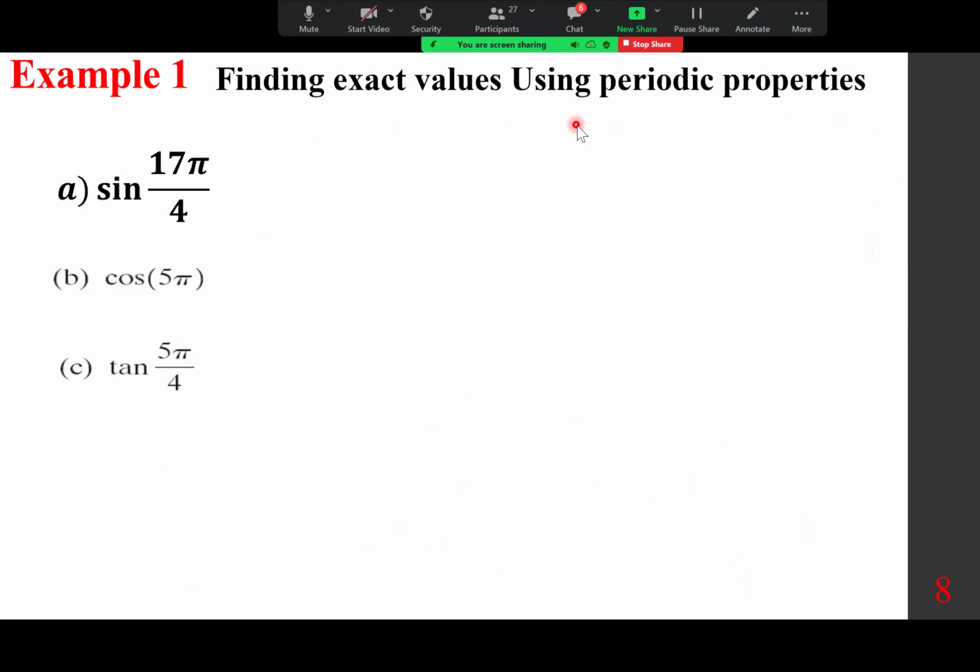All right, so I want to find the exact values using the properties we just discussed. So what you do, whatever this value is, you add or subtract multiples of 2 pi, so you bring it into the first revolution, somewhere between 0 and 360 or 0 and 2 pi. 16 pi over 4 is 4 pi.